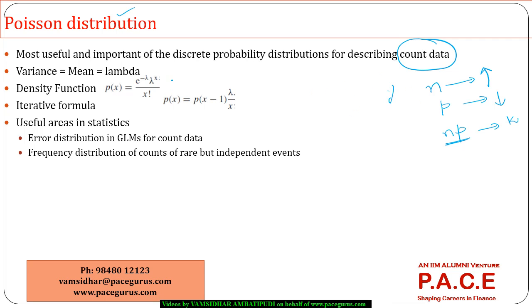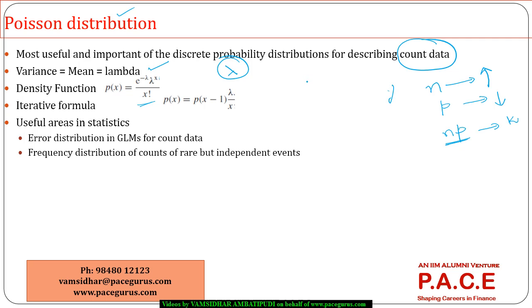It is one specific distribution where the mean and the variance are one and the same, lambda. So for those kinds of distributions where the mean and the variance are the same, I can very well use the Poisson distribution. The density function comes out as e to the power of minus lambda into lambda to the power x by x factorial.